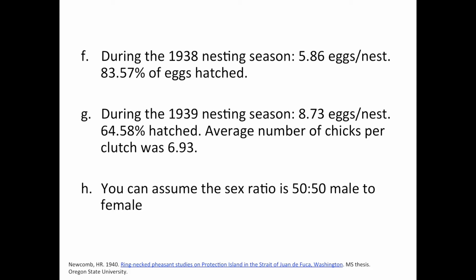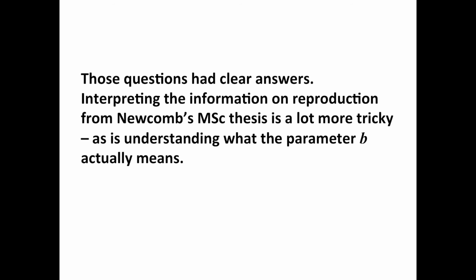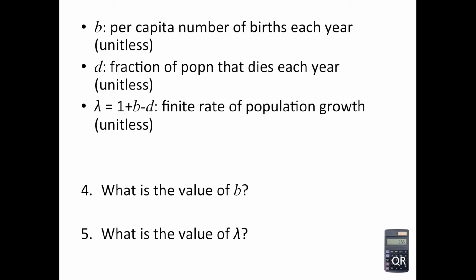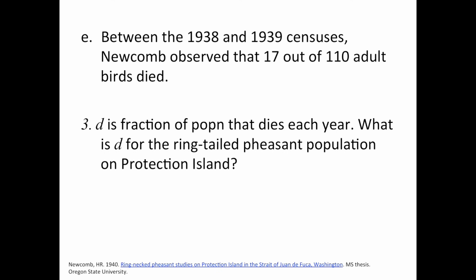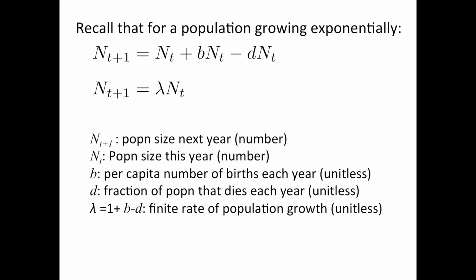But the number of chicks per clutch is giving you better information on how many of the offspring actually survive the first year, and that's the number that you need to calculate, because if we go back to one of the equations for exponential growth, you have the population size next year is equal to the current population size plus the number of births, and there's no mortality term coming into this.